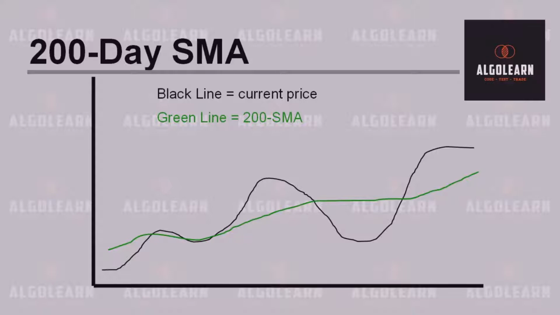But you'll also notice there are some points where the current price is quite far over its 200-day simple moving average, and some points where it's quite far below.